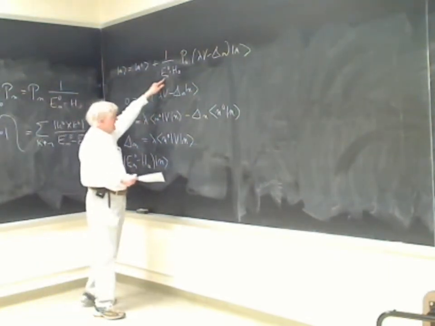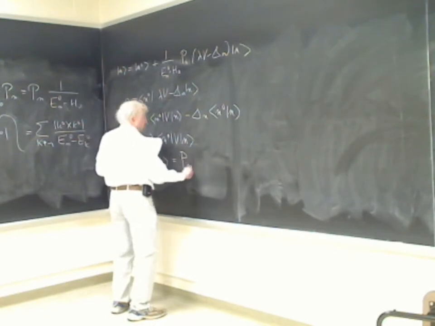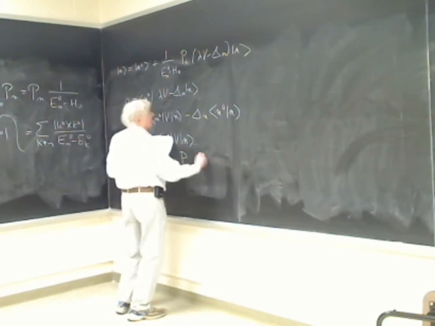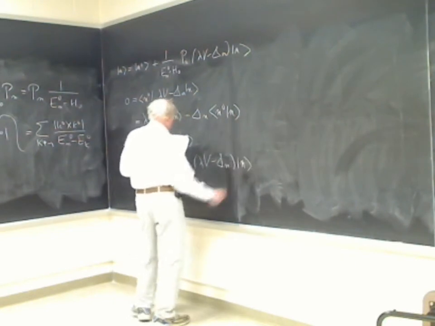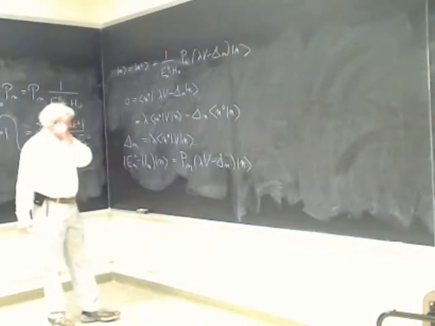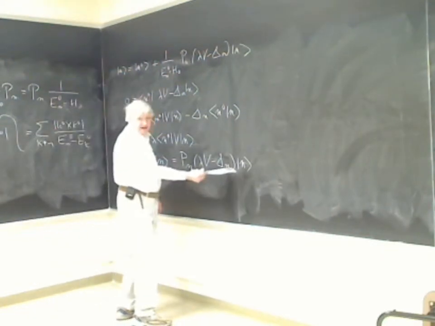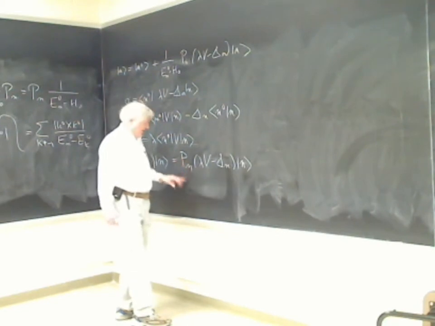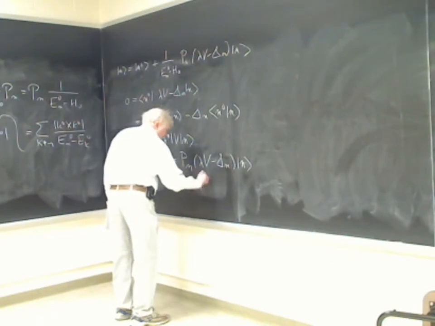This is going to be equal to P sub n times lambda v minus delta n on n. But on the other hand, we know that lambda v minus delta n on n is orthogonal to n0 anyway, so this projection operator doesn't have any effect. So we can rewrite that as lambda v minus delta n on n.